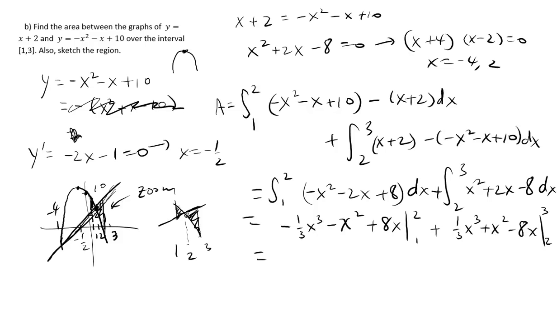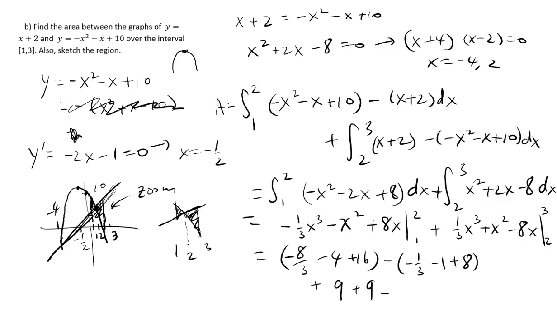When you plug in 2, that's 8, 4, 16, minus when you plug in 1, that's negative 1/3, minus 1 plus 8. And then here, when you plug in 3, you get 3 cubed, that's 27. 27 divided by 3 is 9. 3 squared is 9.